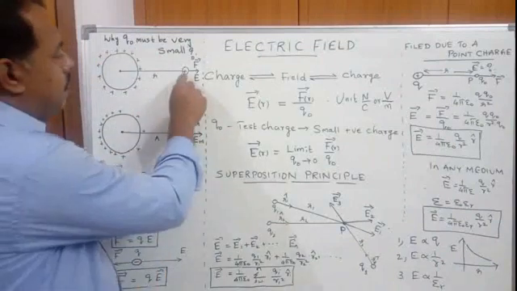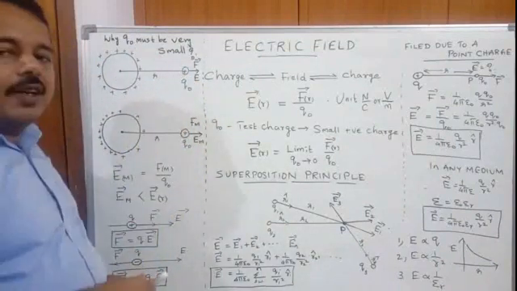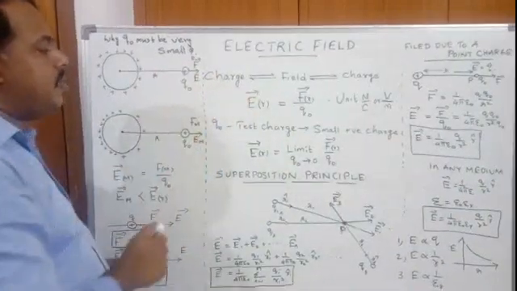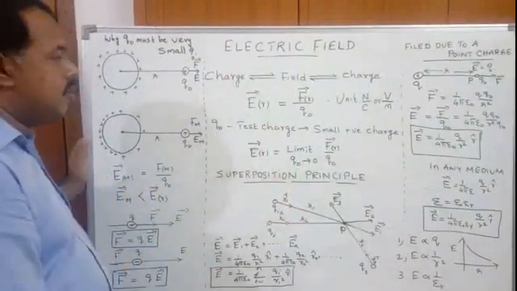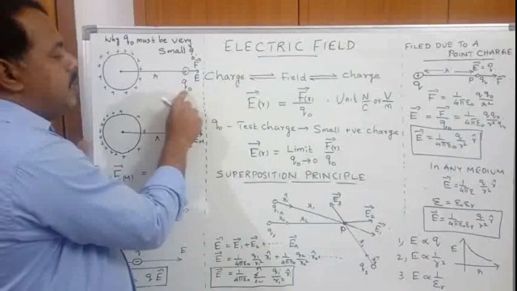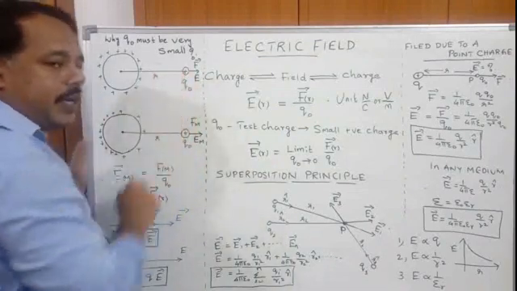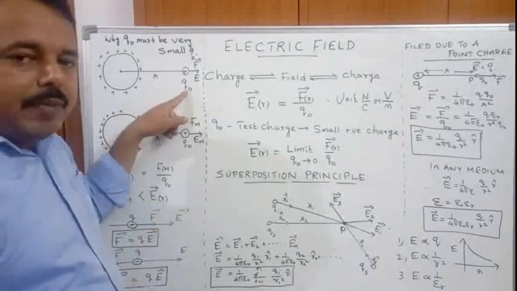So at this particular point, at a distance r from the center, I have to find out electric field. According to this definition, the electric field is the force per unit charge. So in order to find out the force, I am going to place a charge Q0 over there. But this charge Q0 is of a big magnitude.